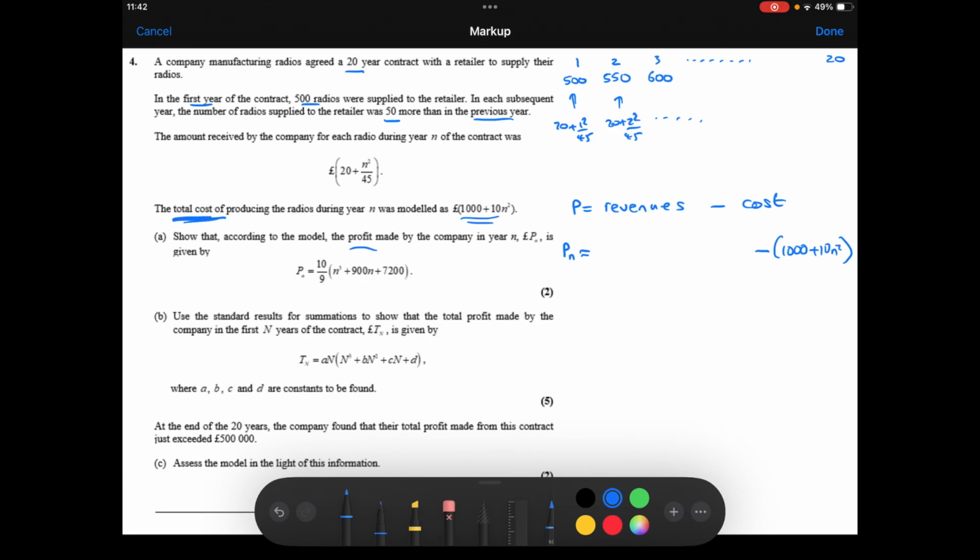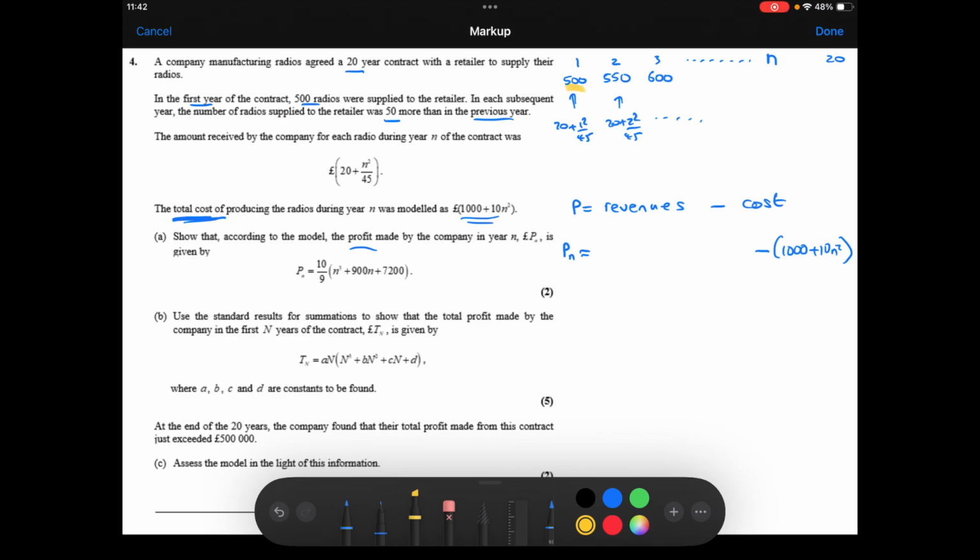So I need to work out their total revenue in year N. So in year N, how many radios do they actually supply? Well, I know that they made 500 in year 1, they made 550 in year 2, they supplied 600 in year 3, and so on.